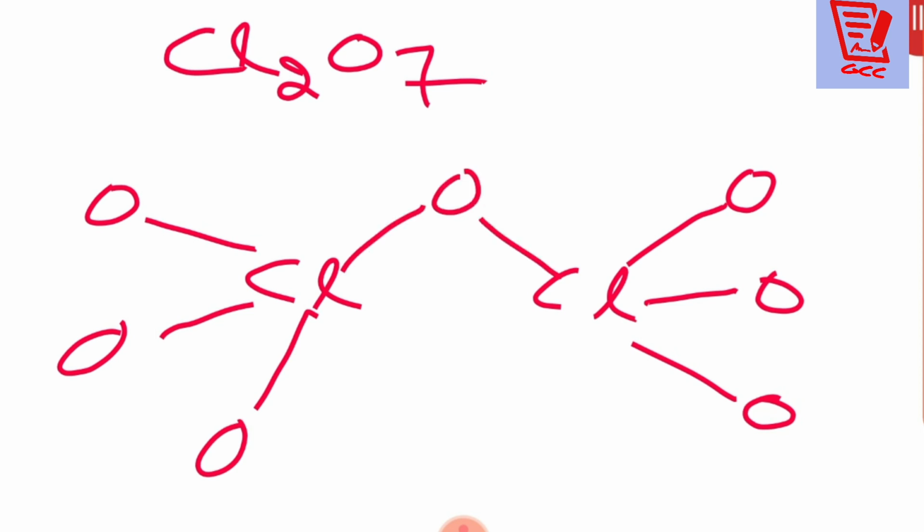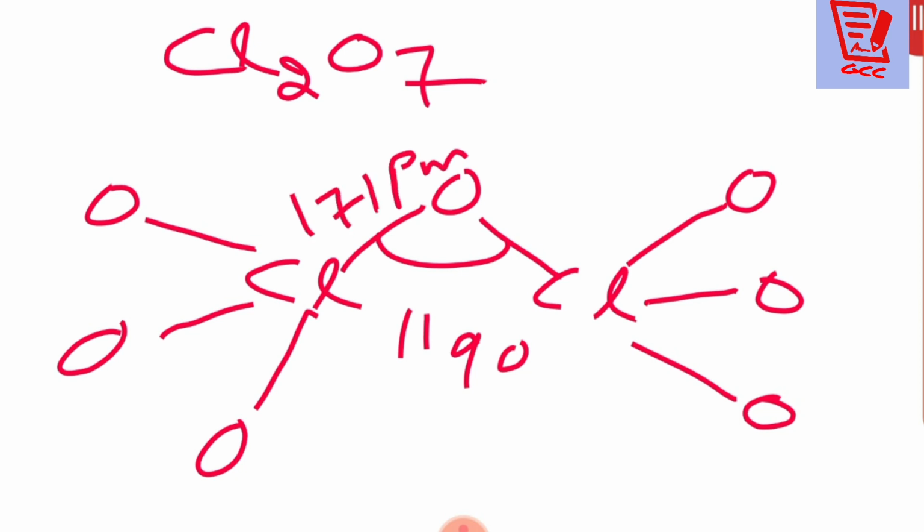Okay, now just remember, here the bond angle is 119 degree, and here the OCl bond length is 171 picometer, and this ClO bond length is 141 picometer. Is that clear?